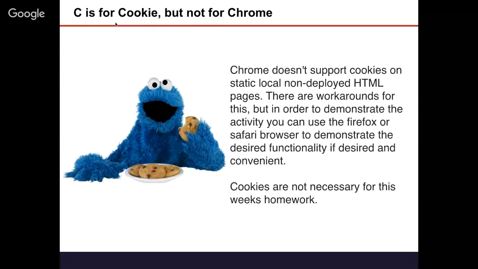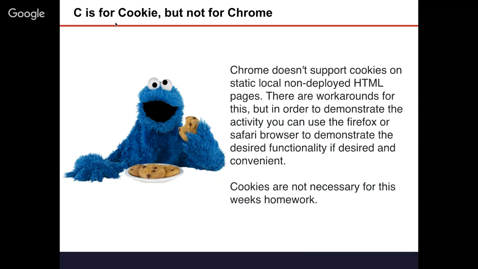All right, guys. One of the issues we're going to run into with the rest of the class today is cookie handling. So I wrote C is for cookie, but not for Chrome. Chrome does not allow me to do static non-deployed HTML pages and handle cookies. What that means is how we're currently using HTML files, we can't create cookies and set them.